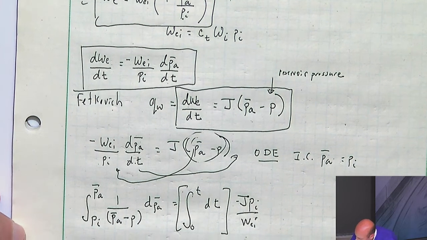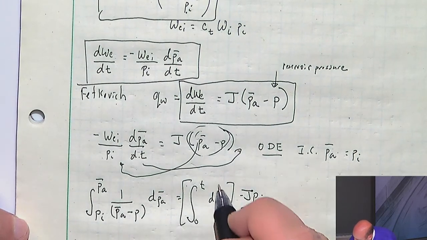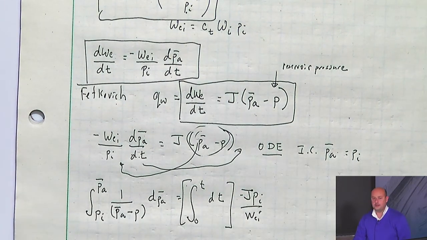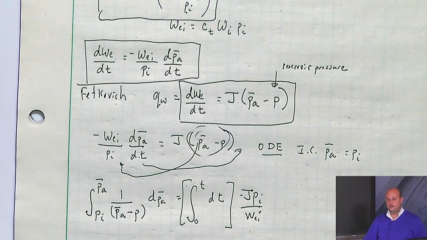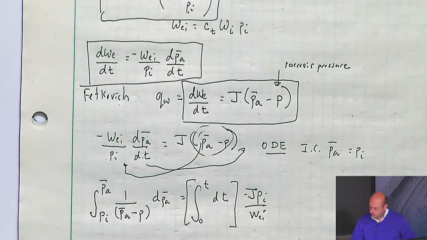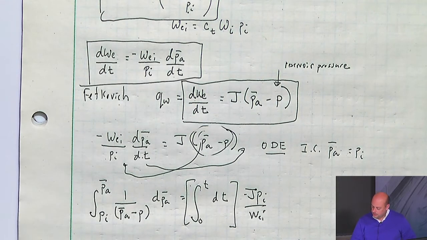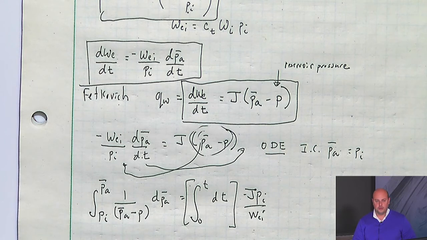All right? So this is extremely easy to integrate. The integral from 0 to t of 1 dt is just t, right? So the right-hand side is super simple. The left is not too complicated. It's the integral of 1 over x, or 1 over x minus 4, right? How do you do that? Well, that's the natural log, right?